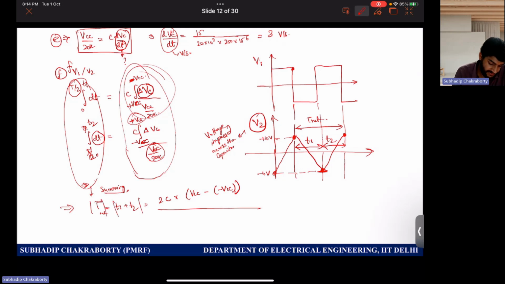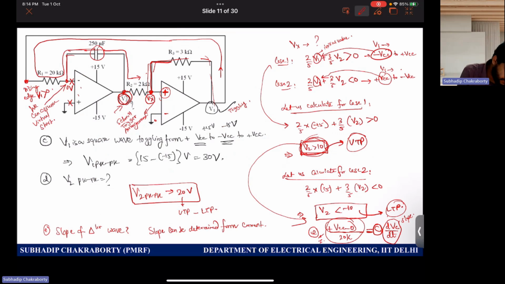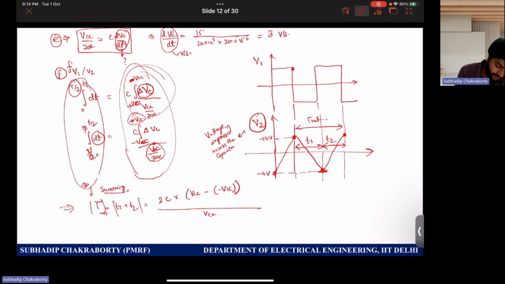So C times VCC minus minus VCC divided by what I can write is this current. So this is V1, so this is VC, which is the capacitor voltage, and VCC means plus V set, which is nothing but V1 upper maximum value divided by 20K. This is the current, right?